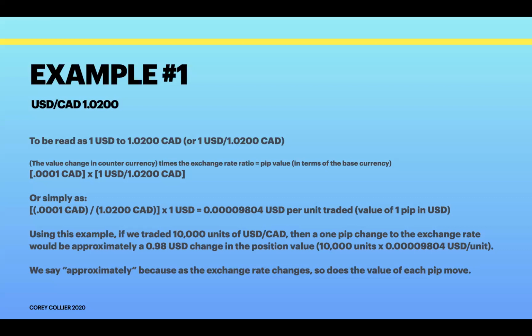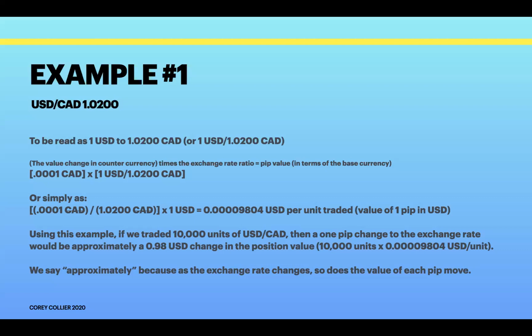So let's say, let's make it easy for you guys, you caught 10 pips at 10,000 units. Then you multiply that 10 pips by the 0.98, and that's going to give you a total amount.